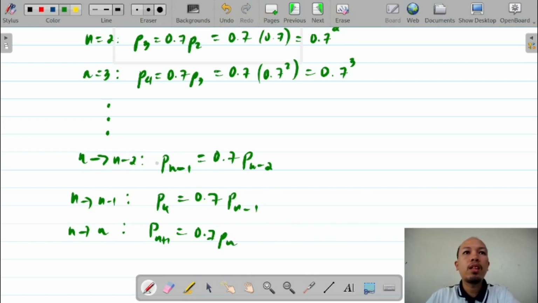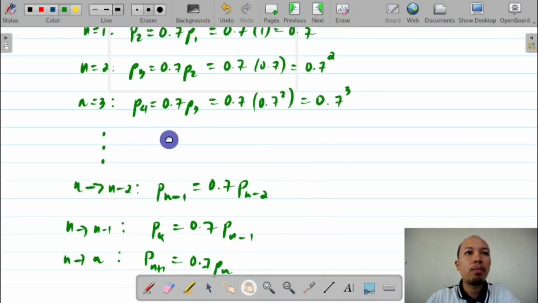So notice the pattern: if the subscript is 3, the exponent is 3. If the subscript is 2, the exponent is 2.